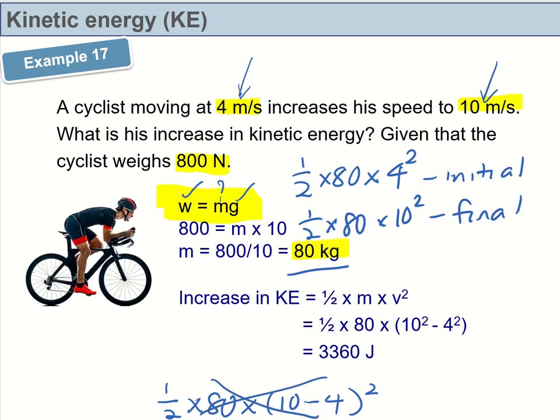You will get a different answer compared to the other one. So this is the wrong method because you can subtract the squares of the speeds, but you cannot square the difference in speed. But if you're unsure of how to do it, the safest method is to calculate the initial, calculate the final, and then just subtract.